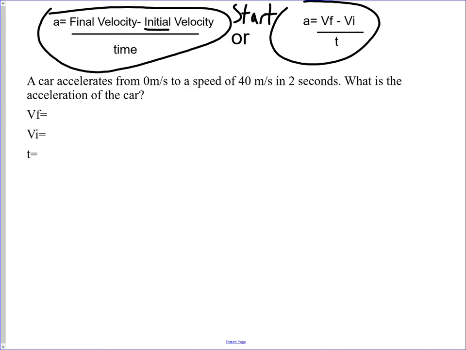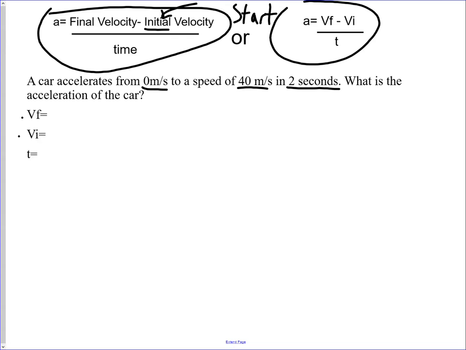Let's underline our numbers. We have 0 meters per second, 40 meters per second, and 2 seconds. The first thing we're looking for is our final velocity and our initial velocity. It says a car accelerates from 0 meters per second, so that's the start, and start means initial.